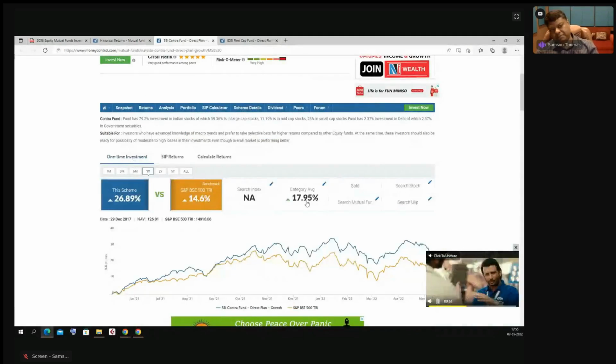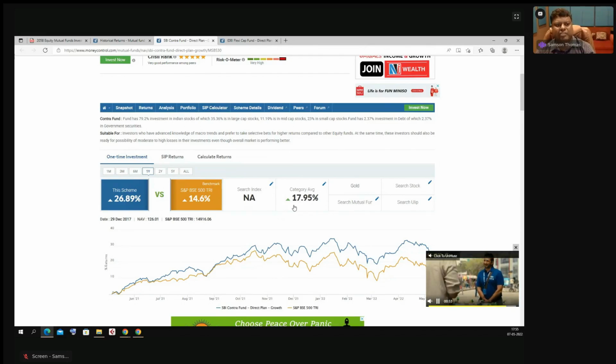The other contra funds are giving on an average 17.95% return, while the benchmark, I think the BSE 500, is not an appropriate benchmark because it takes 500 stocks, while the philosophy of this fund is actually to look for value stocks. So it's not an appropriate indicator here. But this category will serve as a good comparison.